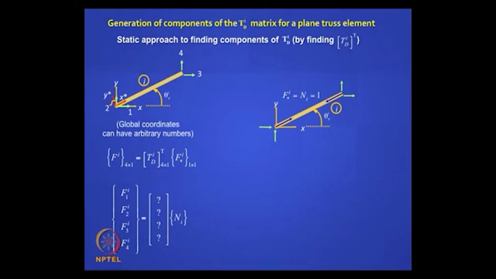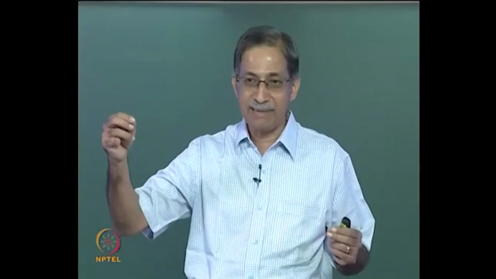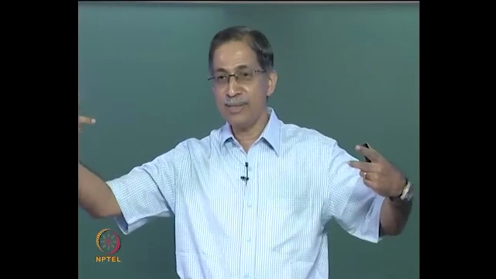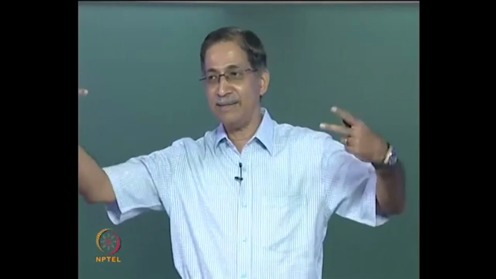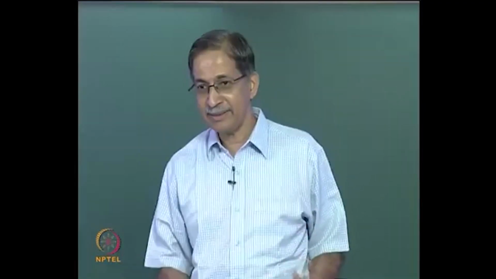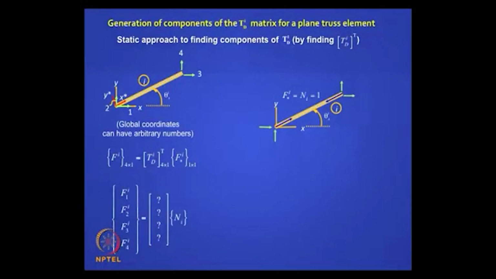That means if I take this structure and imagine I have a bar and I have a unit axial force in that bar, what are the load components that I get at the two ends of the bar which will satisfy equilibrium? That is a static approach. Can you tell me what these four components are? What should this force be equal to?